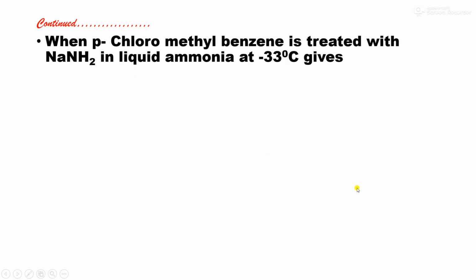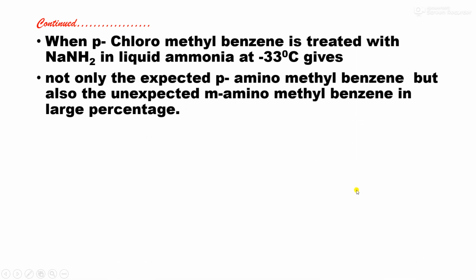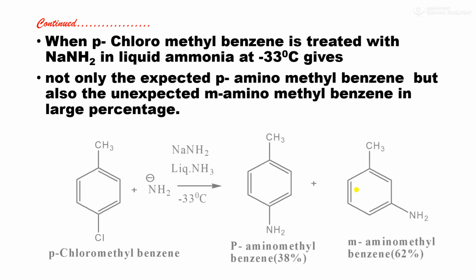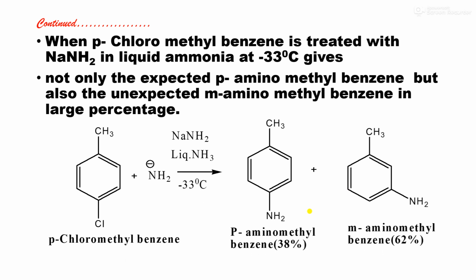When para-chloro-methyl benzene is treated with NaNH2 in liquid ammonia at minus 33 degrees Celsius, it gives not only the expected para-amino-methyl benzene but also the unexpected meta-amino-methyl benzene in large percentage. So this is the reaction. This is para-chloro-methyl benzene.